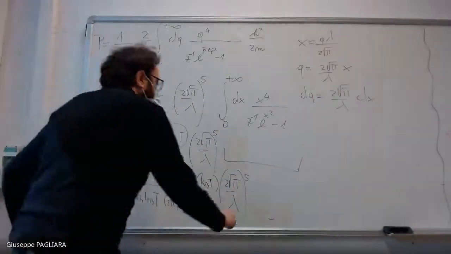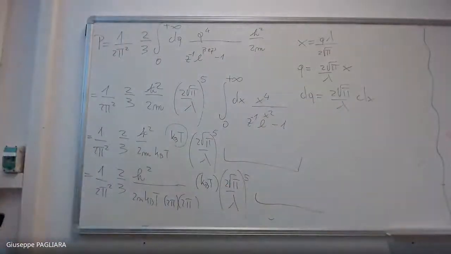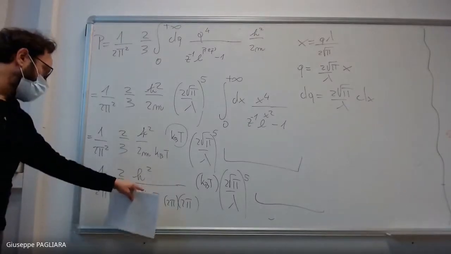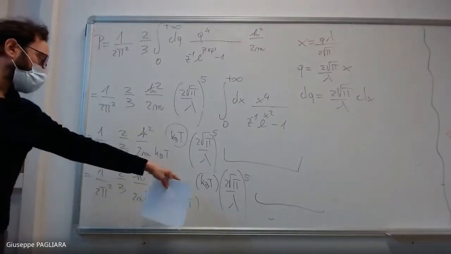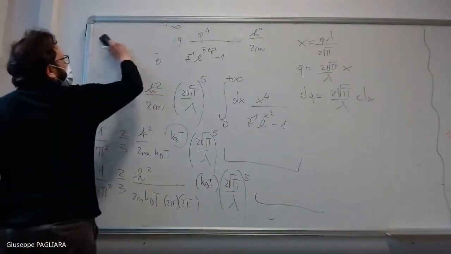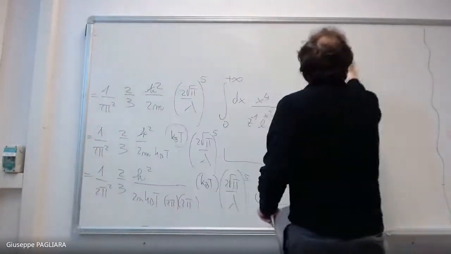And also the integral which is still there. Okay. I think that now it's correct because here I get lambda squared at the numerator and lambda to the power of 5 at the denominator, so I have a lambda cubed. 1 over lambda cubed. Then a kBT left. Okay. Now it's a matter of working out the 2 and the pi.